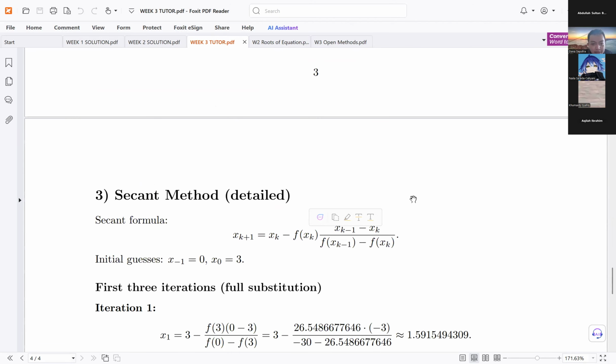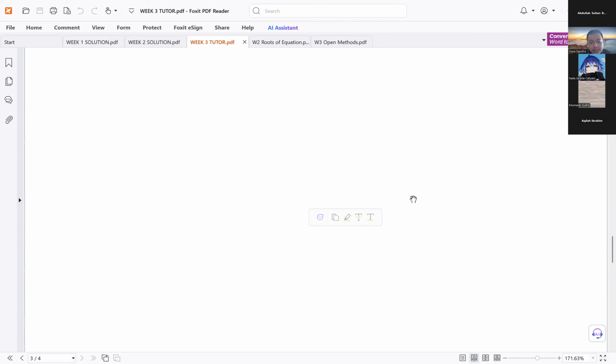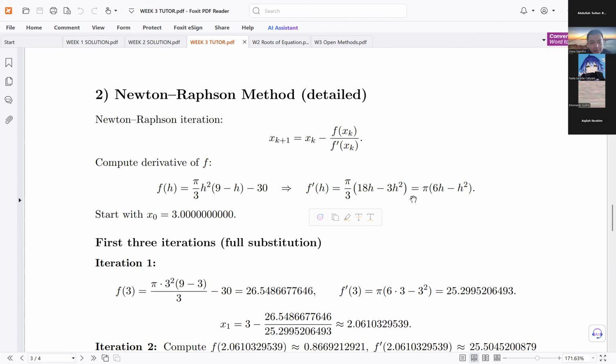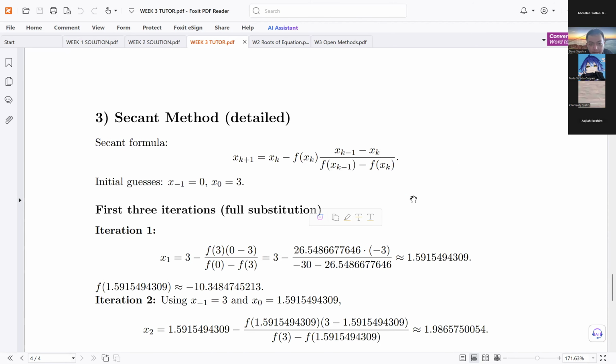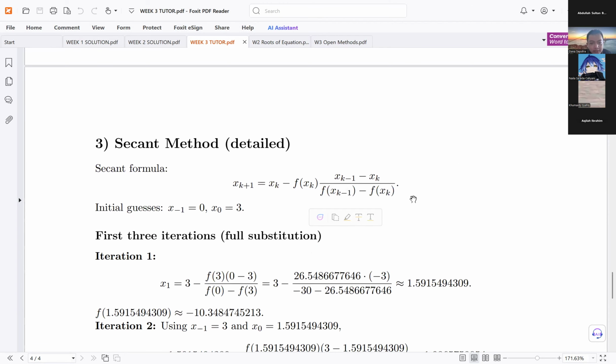For the second method, this formula is basically a change of the Newton-Raphson formula. So for the next iteration we use the previous iteration minus fx times the previous iteration minus the current iteration, per fx of the previous iteration minus fx.